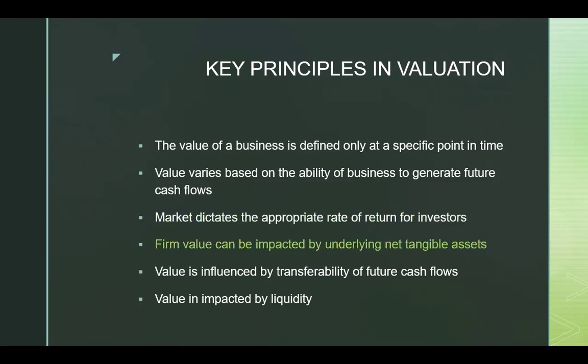The fourth one is the firm value can be impacted by underlying net tangible assets, meaning that business valuation principles look at the relationship between the operational value of an entity and net tangible value of its assets. Theoretically, firms with higher underlying net tangible asset value are more stable and result in higher going concern value.